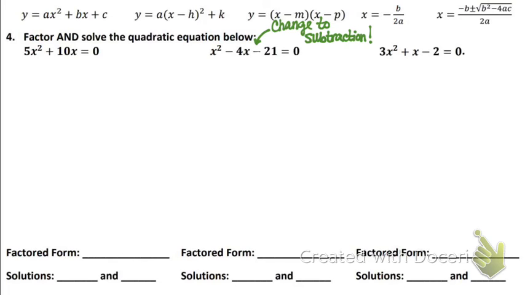After the 4x, it should have been a minus 21 instead of a plus 21. To the best of my knowledge, that is the only typo on the test review.